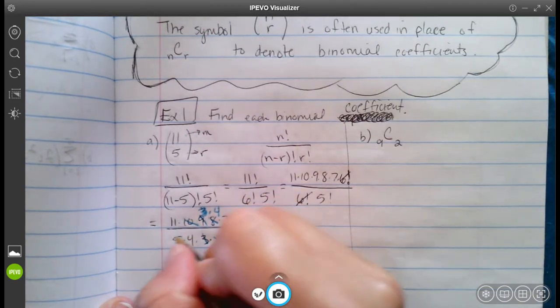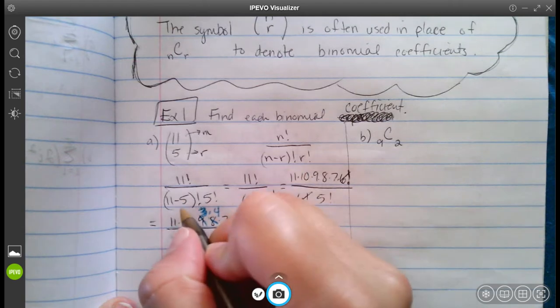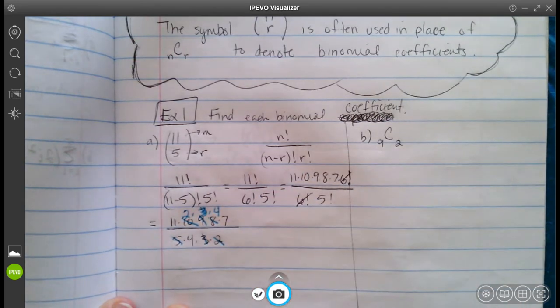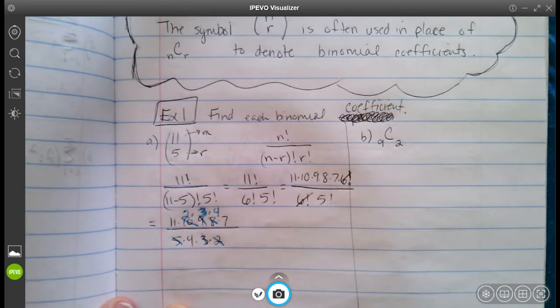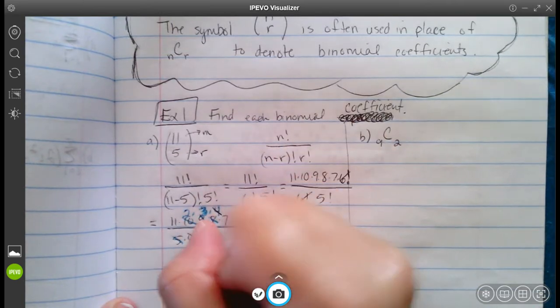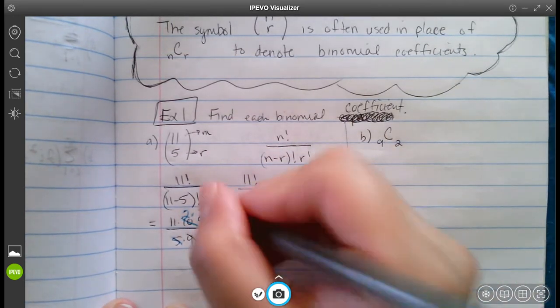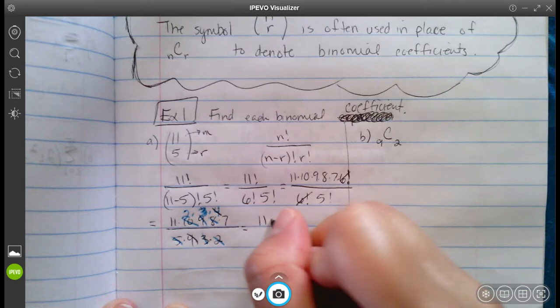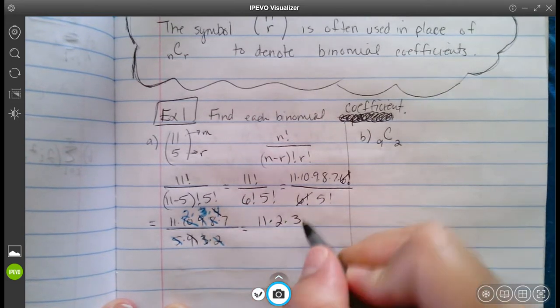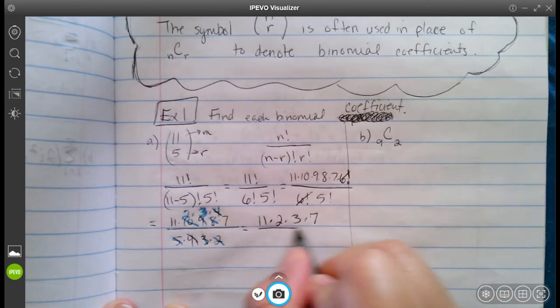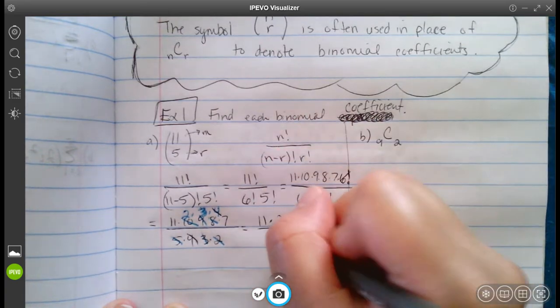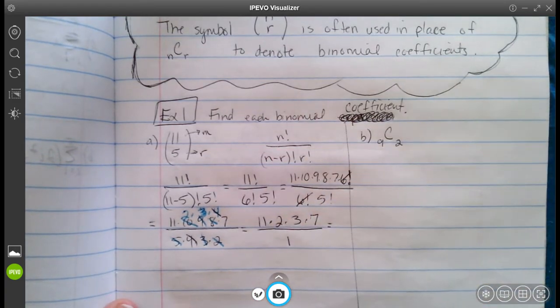We can reduce the 10 and the 5, since 10 divided by 5 is 2. We can reduce further: this 4 goes away and is just a 1. So I'm left with 11 in the top times 2 times 3 times 7, all over 1.